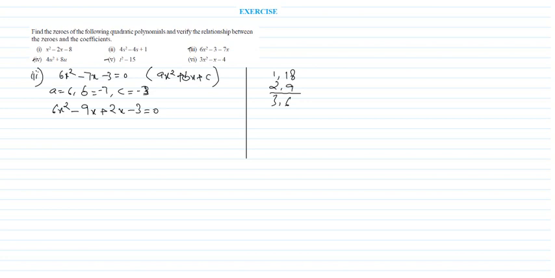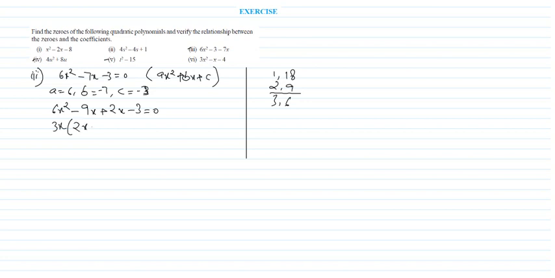Okay, so we'll take the common factor out from the first two terms. So the common factor will be 3x, so it will be 2x minus 3.